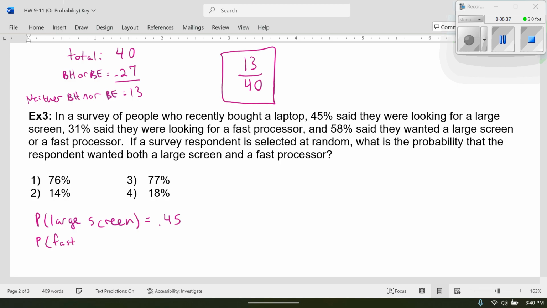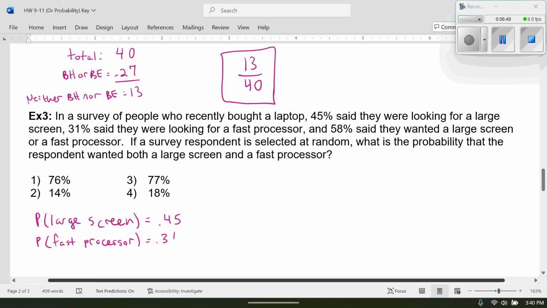So that was 0.31. And 58% said they wanted a large screen or a fast processor. And I am regretting writing these words out. So large screen or fast processor is 0.58. There we go. Now, if a survey respondent is selected at random, what's the probability that the respondent wanted both a large screen and a fast processor?